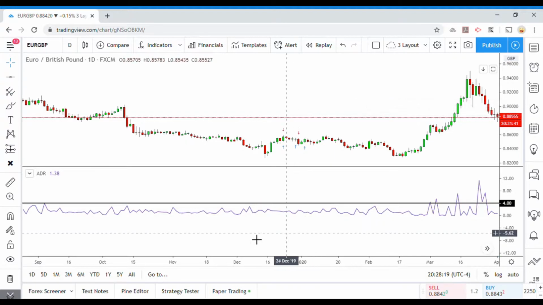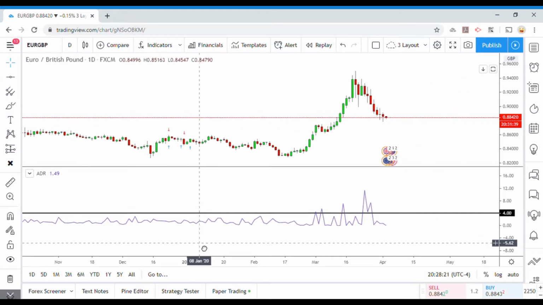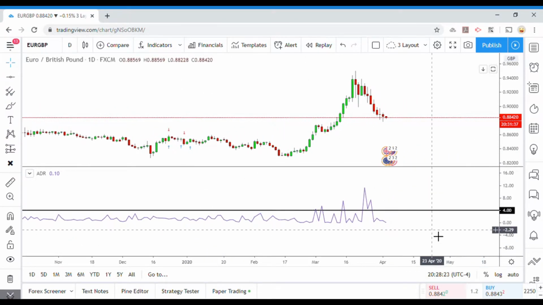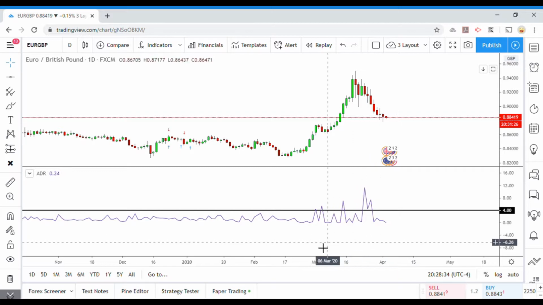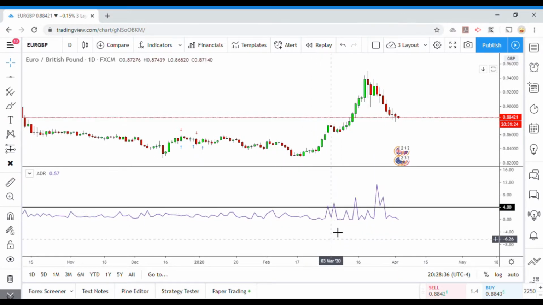Let me increase the size a little bit so you guys can see it nice and bold. As you can see, I set this at 4. Again, I'm not sure if it has any meaning at all. Looks like this stops at 0 and does not go to the negative, so it can only go up.